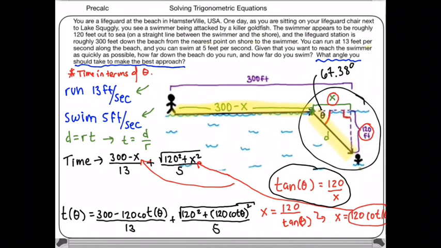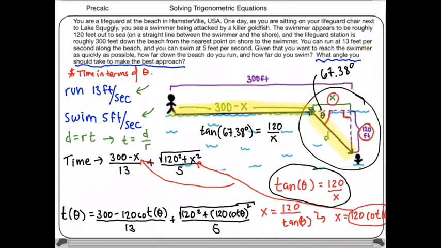Let's find out what x is by plugging that into tangent. So I get tangent of 67.38 degrees equals 120 over x.